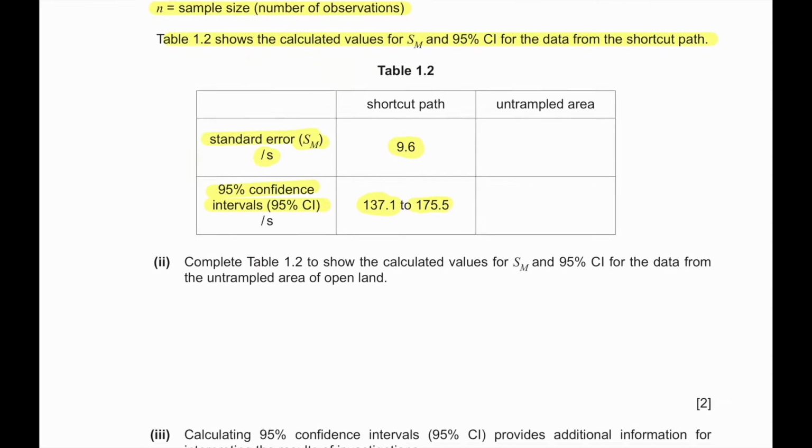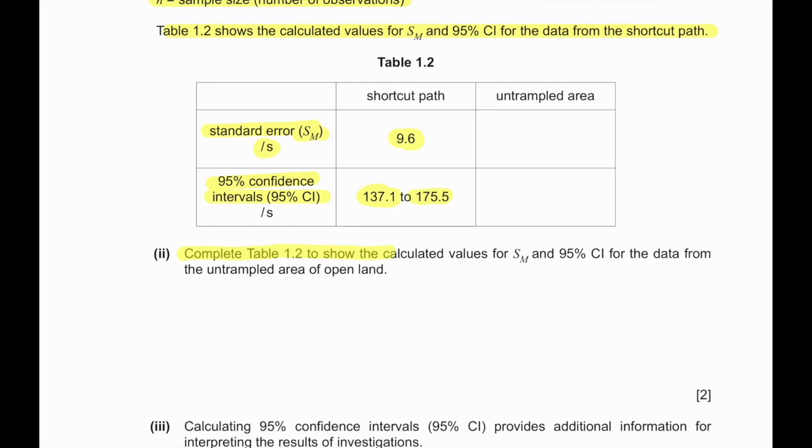Now the question says complete table 1.2 to show the calculated values for SM and 95% confidence interval for the data from the untrampled area of open land.